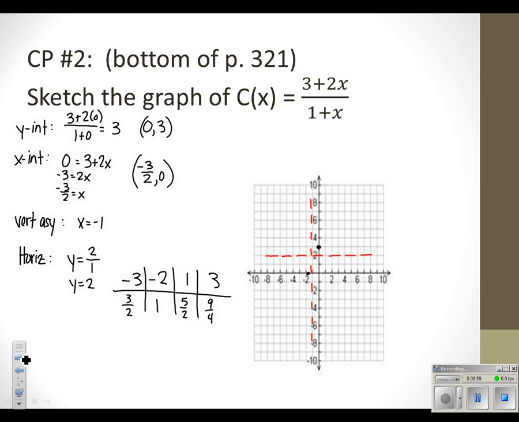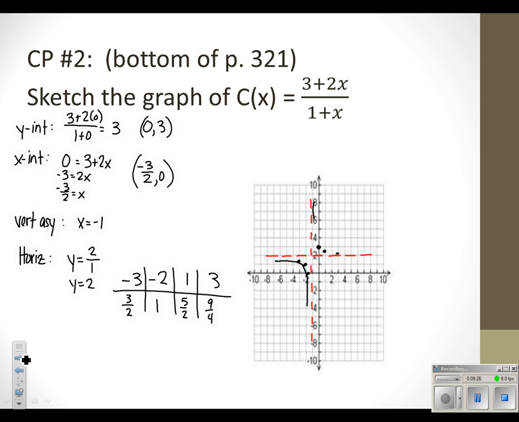At -3, we have 3/2. At -2, we have 1. So we can see how that curve is going to flow. Then we have 1, 2.5. We have 3 with 2 1/4. Should be right about there.